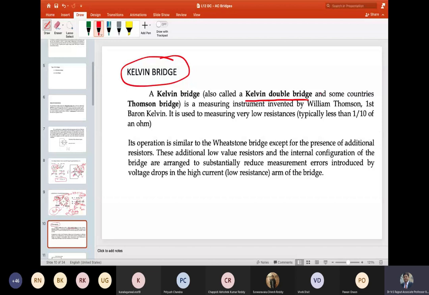Even in some countries it is known as the Thomson bridge. It was invented by William Thomson, the first Baron Kelvin. This is used to measure very low resistances, typically less than 1 by 10 of an ohm.